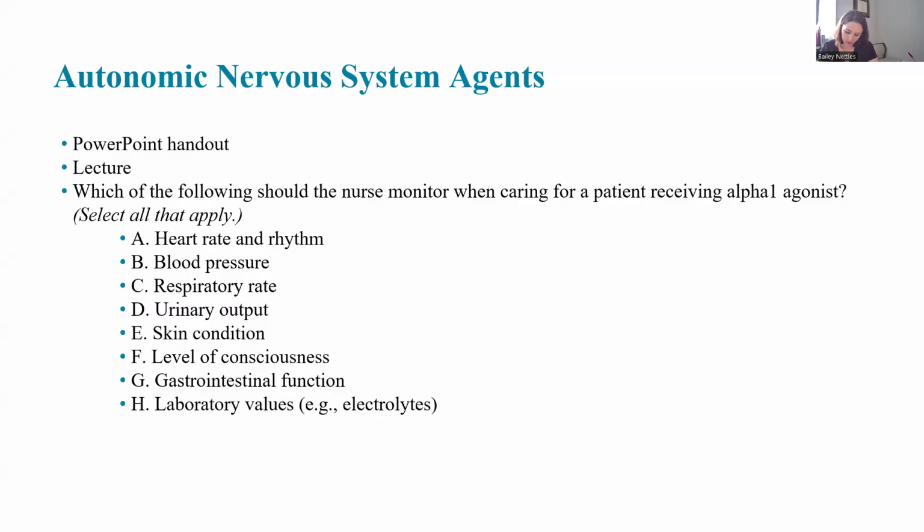Gotta make sure we have all this stuff. Skin condition? Nope. Level of consciousness? Nope. GI function? Maybe, right? Because we're gonna have that constipation. And then lab values like electrolytes.